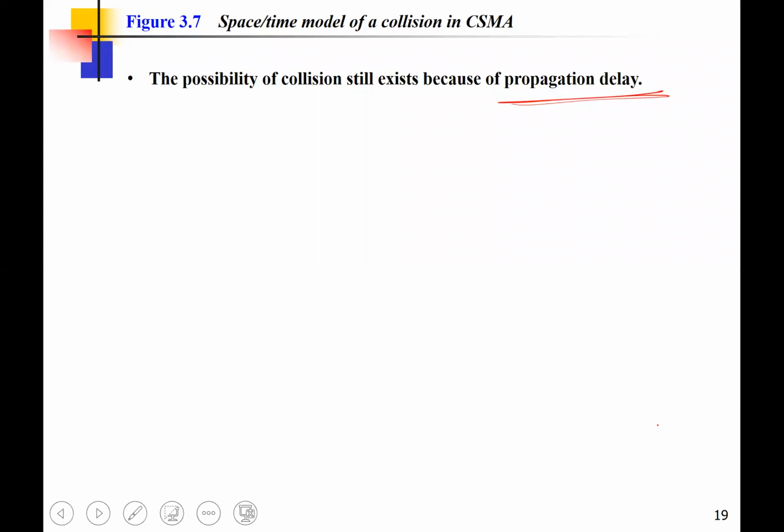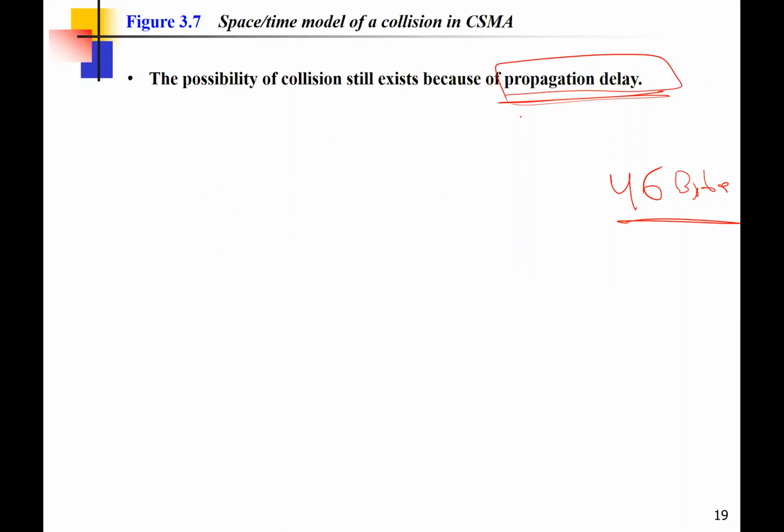And by the way, keep that in mind, remember when we said the minimum has to be 46 bytes, correct? The reason behind that is the propagation delay, and I will tell you why shortly. But let's go here now.